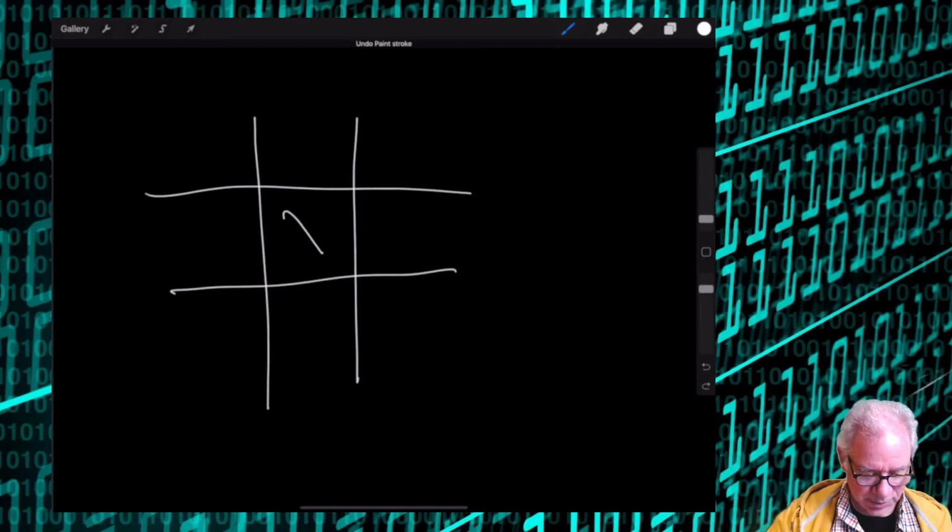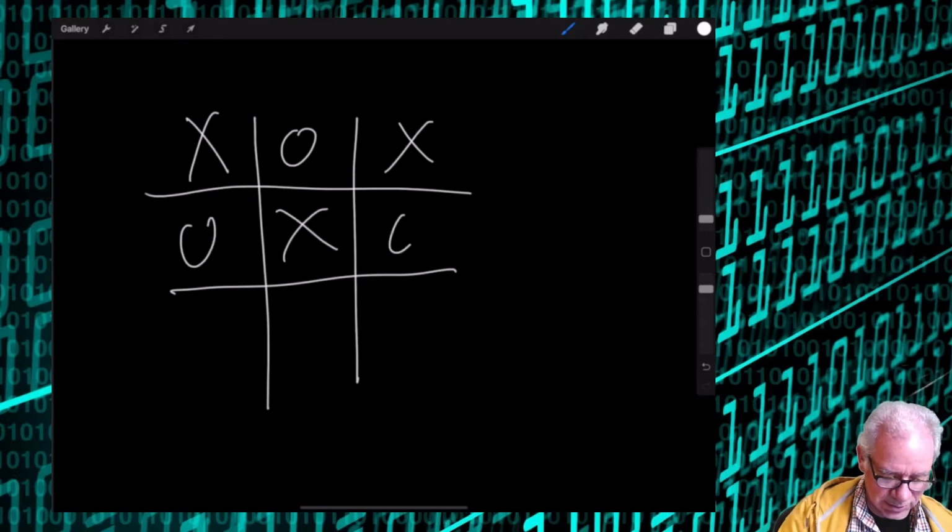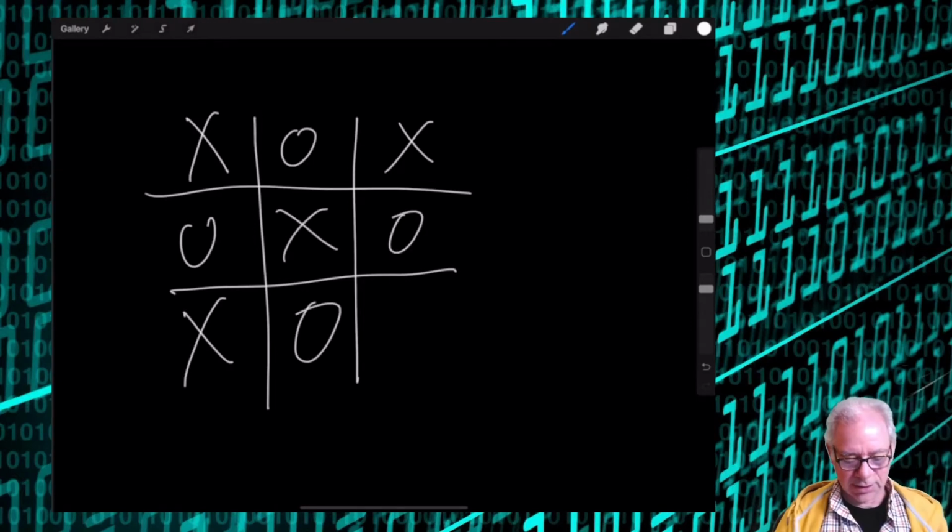Let's go back. I think what I was doing here was XO, XO, XO, XO, and then I was saying, what's the best move? Well, it's kind of a stupid question because X has already won.